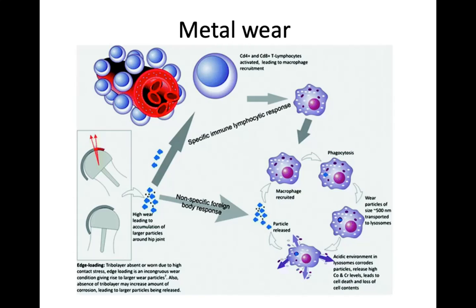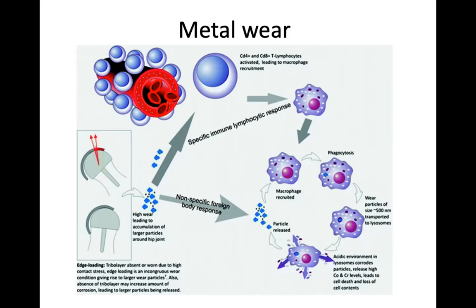Looking at these processes, you initially have generation of wear particles, either due to technical or implant-related issues. These can be taken up by antigen-presenting cells, which in turn stimulate T lymphocytes, which in turn lead to macrophage recruitment.